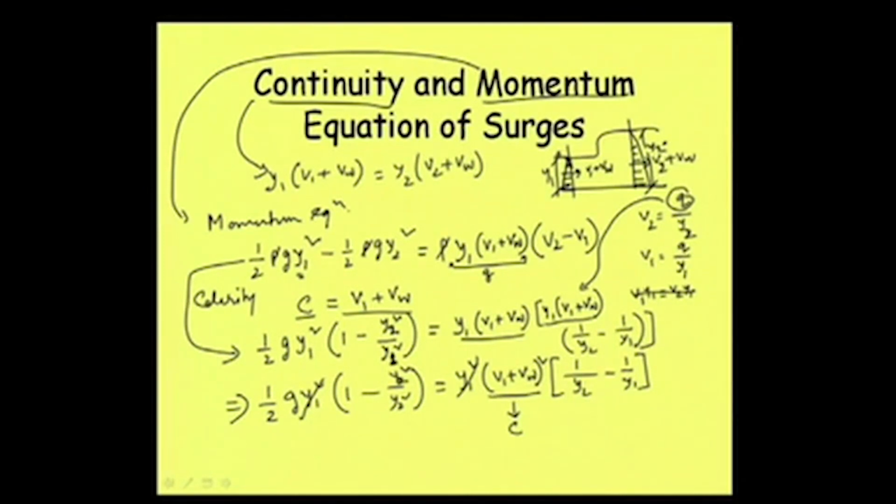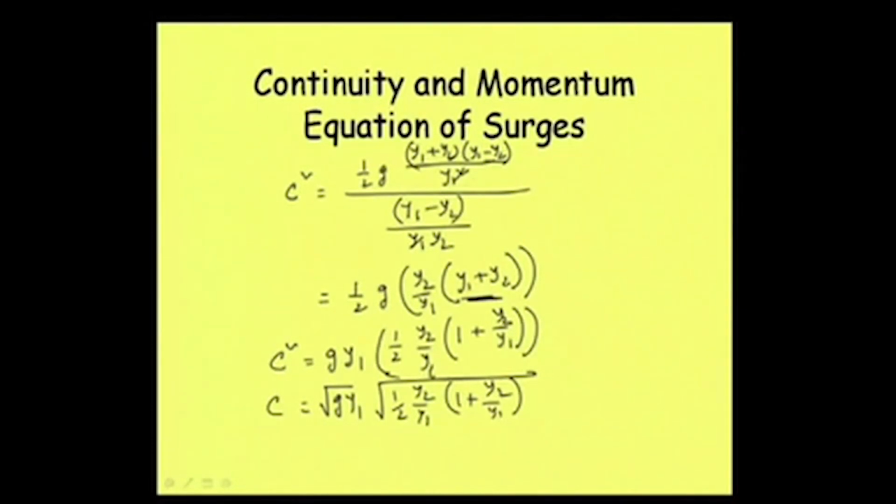Well, fine. So c is equal to root over g y1, and this expression we are getting in terms of y2 by y1, and this is the expression normally we use for computing surge. Surge means celerity in surge, and this helps us in solving various small numerical problems by using this particular expression.